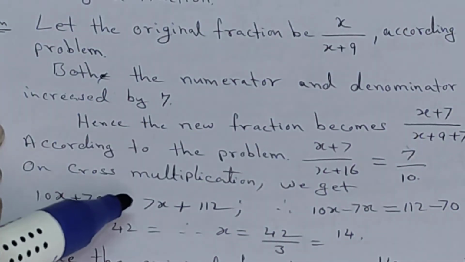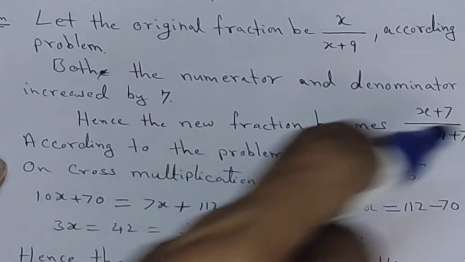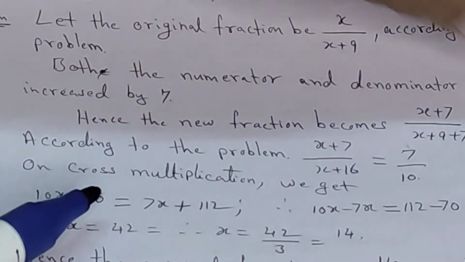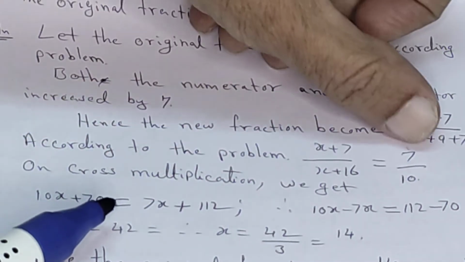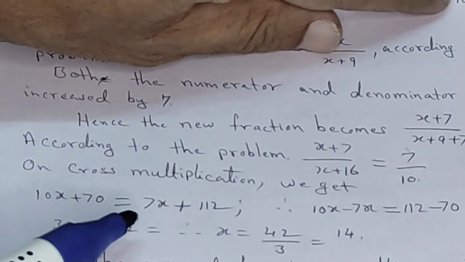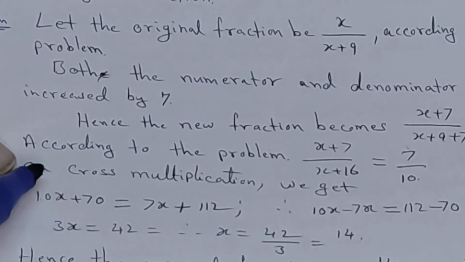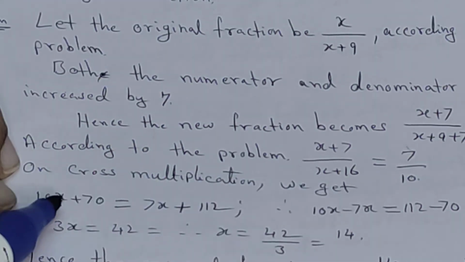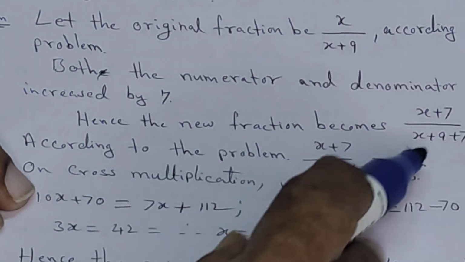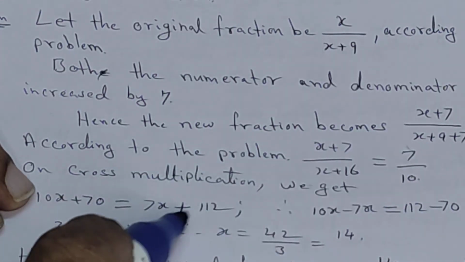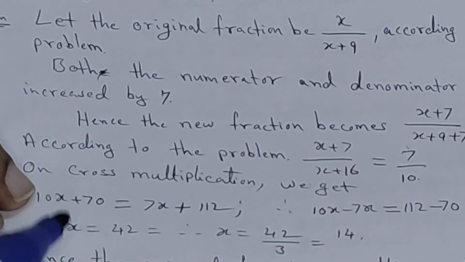Now according to the problem, this new fraction should be equal to 7 by 10. That's what is given to us. On cross multiplication, we get 10x plus 70 is equal to 7x plus 16 into 7, which is 112.